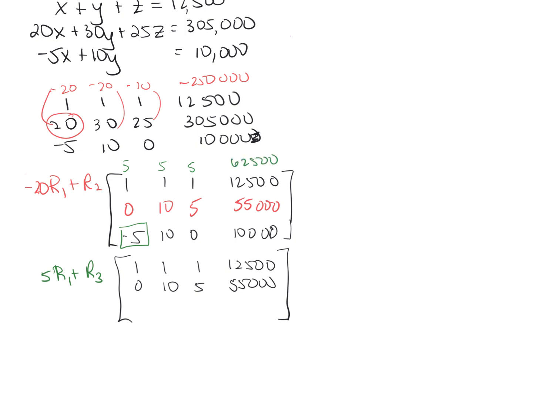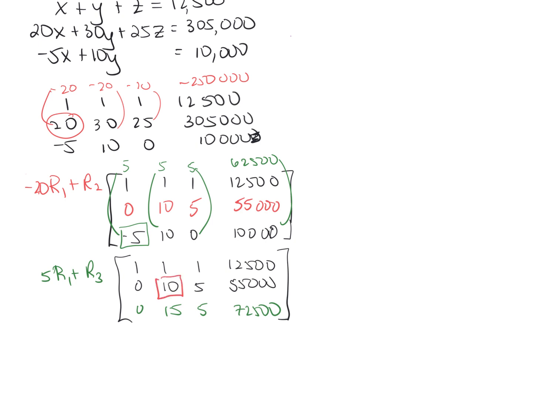So, add those down. Nothing. 15, 5, 72,500. Okay, not bad. All right, then, so column 1 is done.